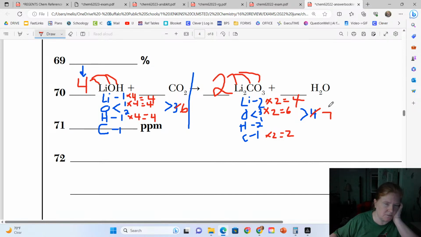Nothing else is fixed. But how could I fix carbon? Okay, well, it's 2 on this side, 1 on this side. So put a 2 here, right? Times 2.